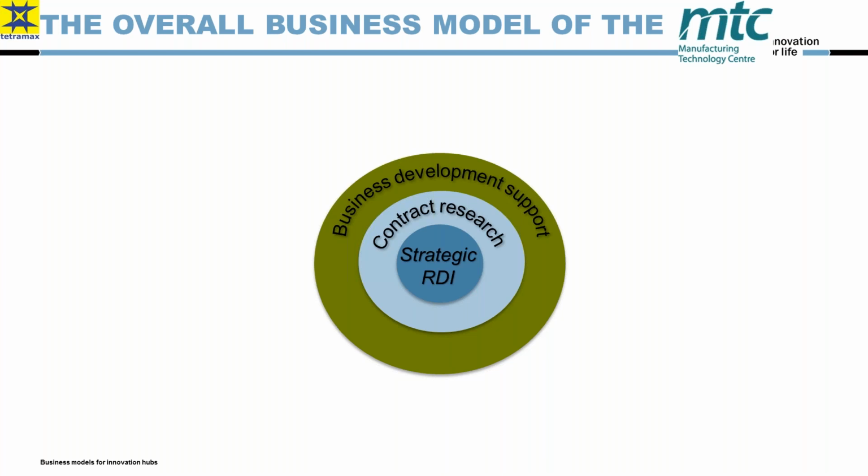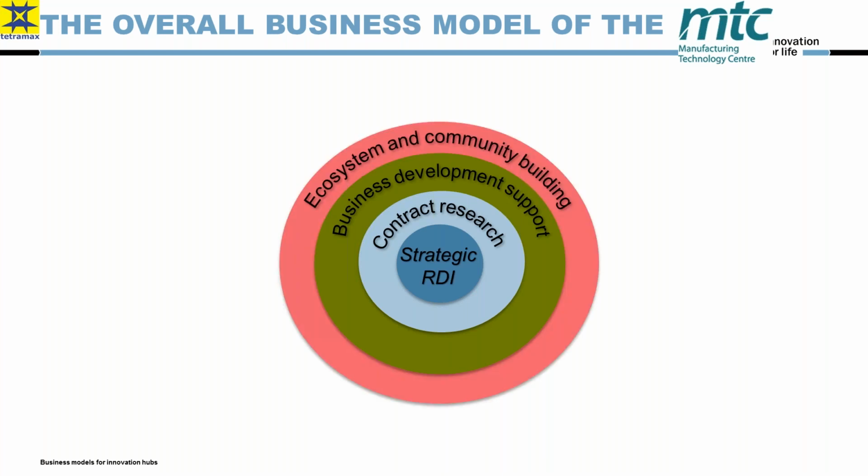There's a second layer of contract research that takes that strategic RDI and translates that into more individual products and innovations that can be adopted by companies. But the green layer here is taking those innovations and getting it into applications. And then there's, of course, the last layer of ecosystem and community value. So those are the different services.